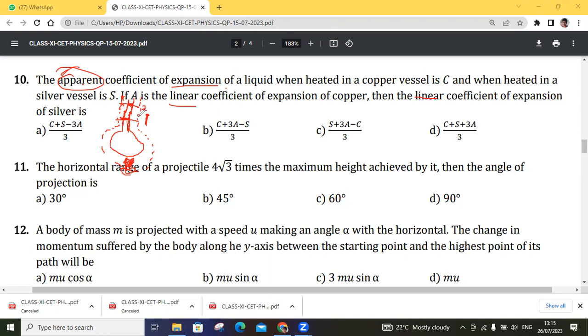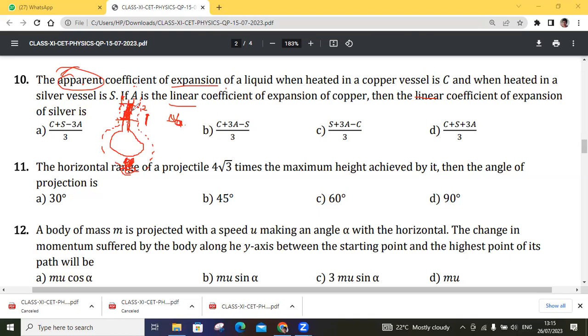You are feeling that only this much is the expansion which has happened in the liquid, which is the apparent expansion, or apparent delta V, you can say. This is apparent delta V.